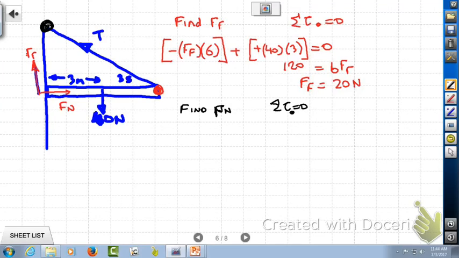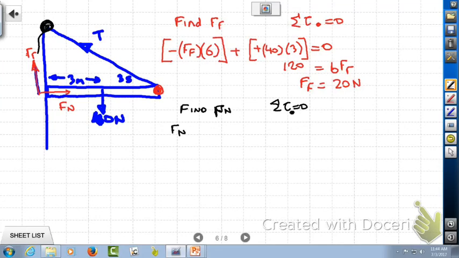I look here and I say Fn, and that's going to be an opposite, and I know the adjacent. Fn times, well, let's have a look at this.